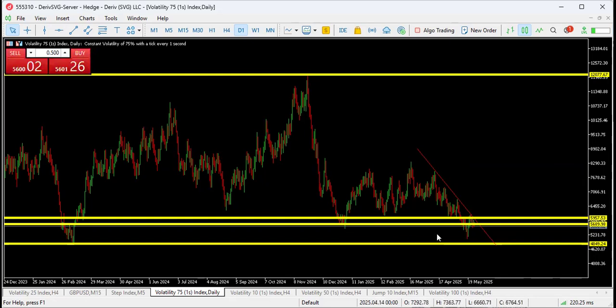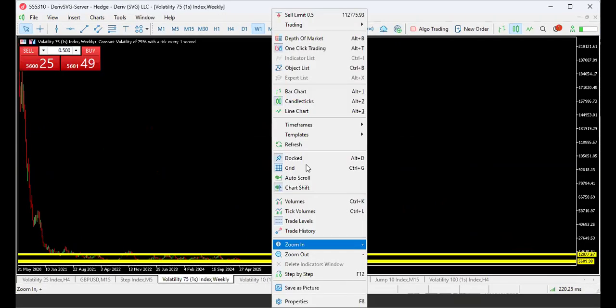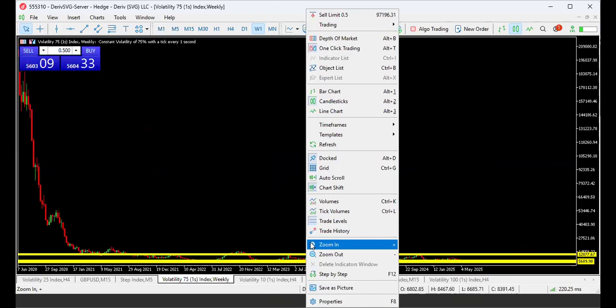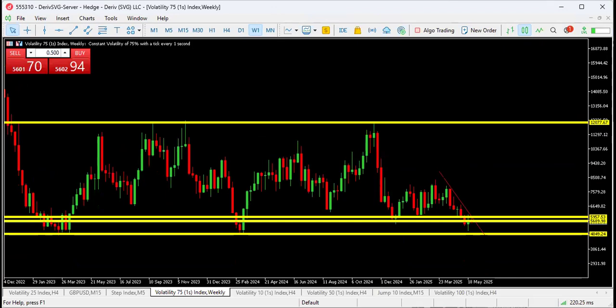Now, if you look, this is a daily time frame. The first thing you should do is to use a higher time frame to see the direction of the market. First of all, also know if this market is in an uptrend or a downtrend. So if it is an uptrend, you look for buy opportunities. If it is a downtrend, you look for sell opportunities.